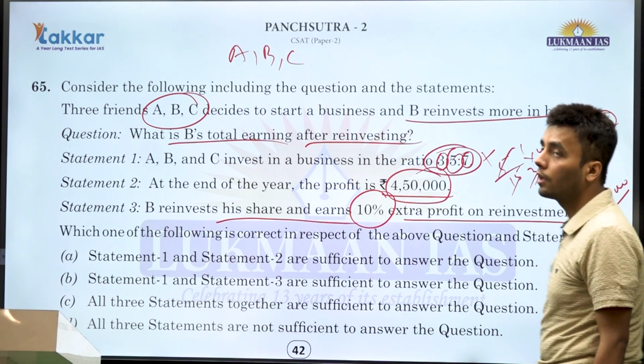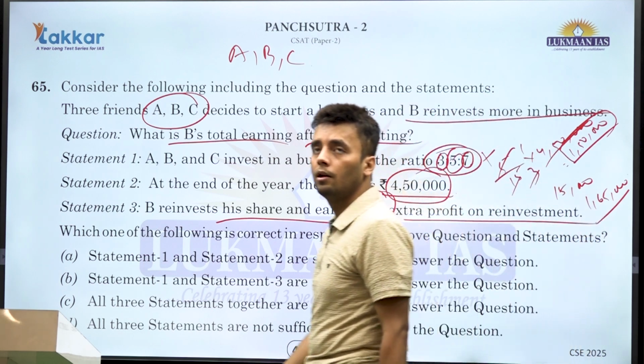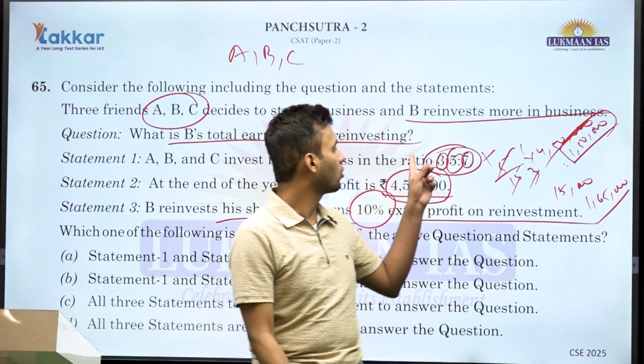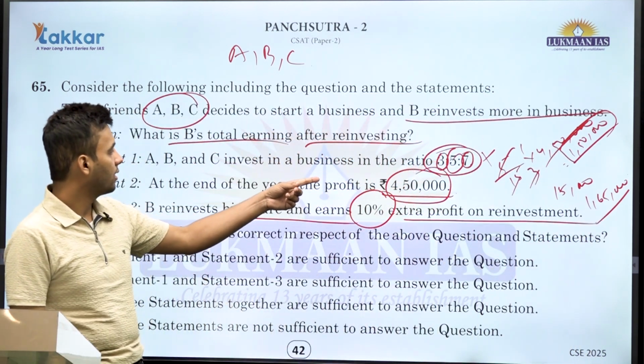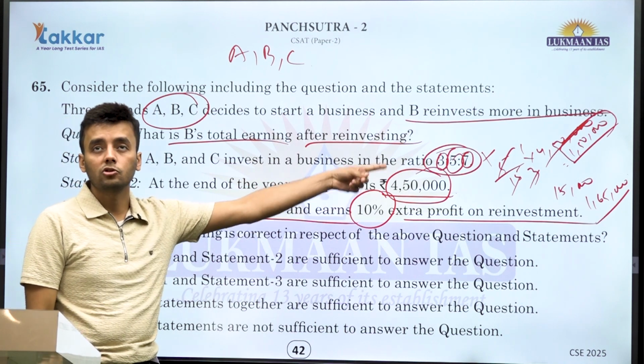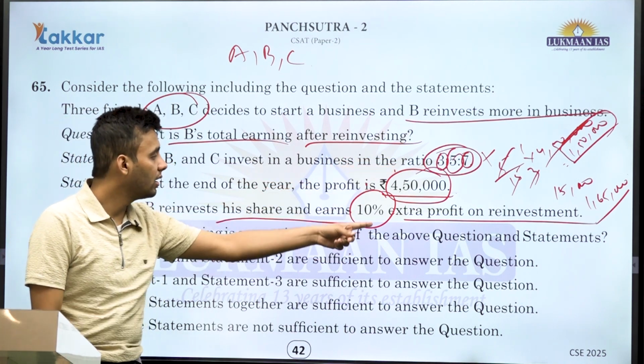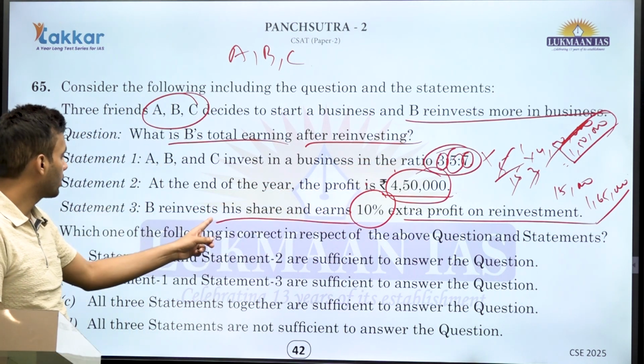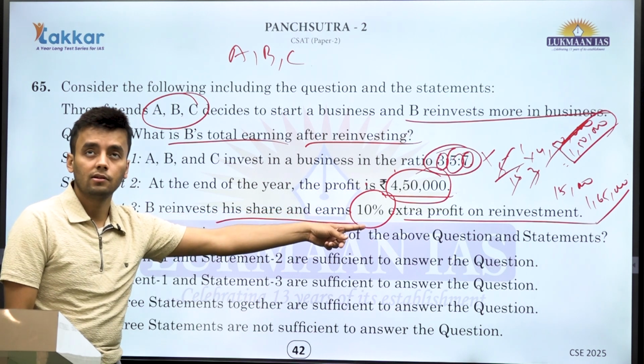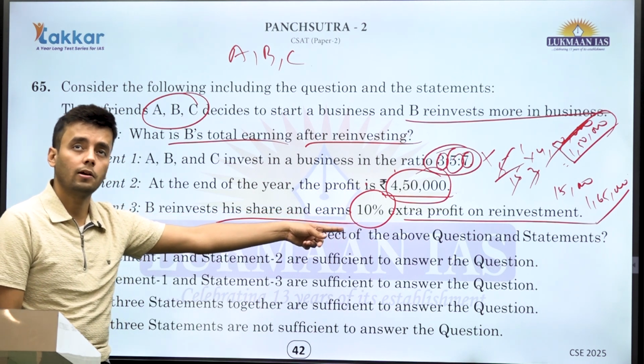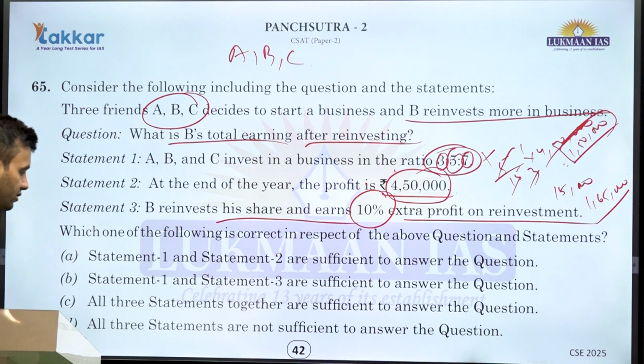From this we can see that we require all three statements: the initial investment, the total investment based on the given ratio, and finally we get how much he earns after reinvestment. So 1,65,000. We require all three statements. C is correct.